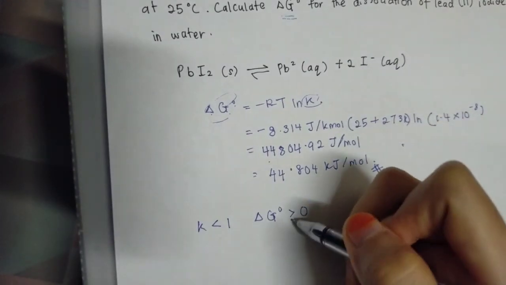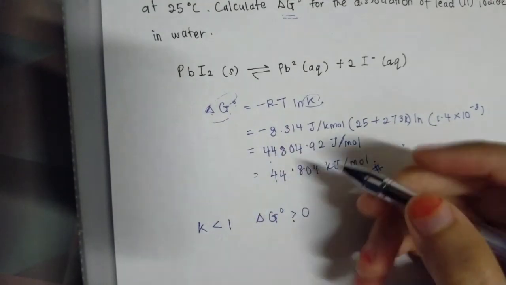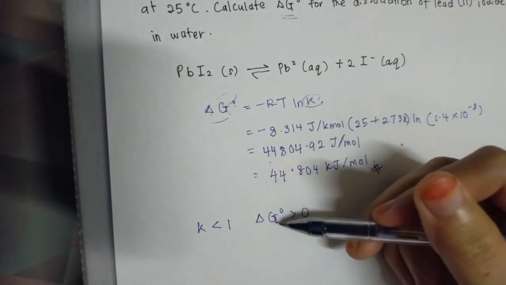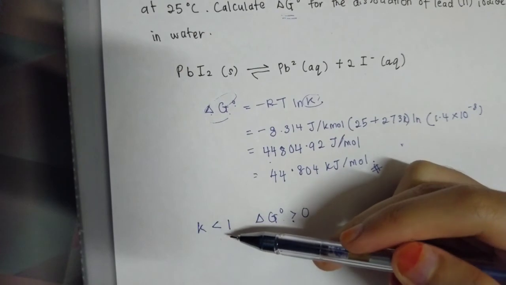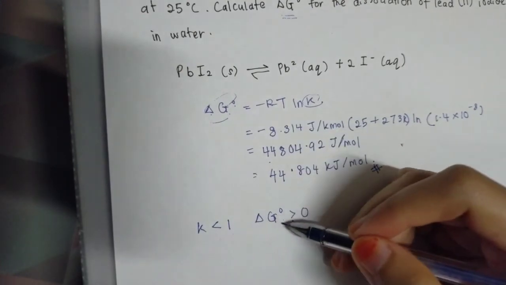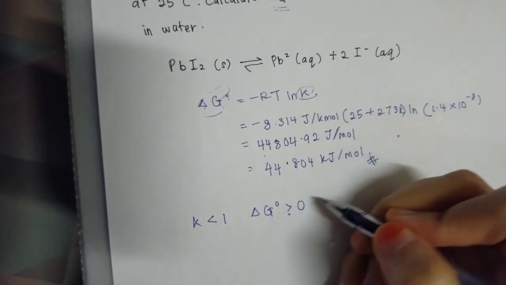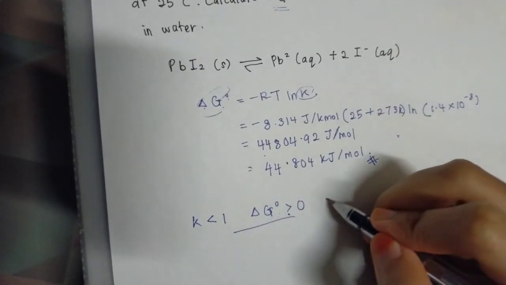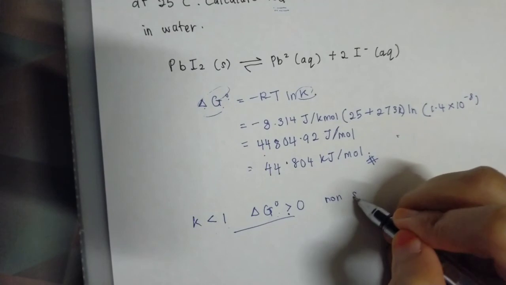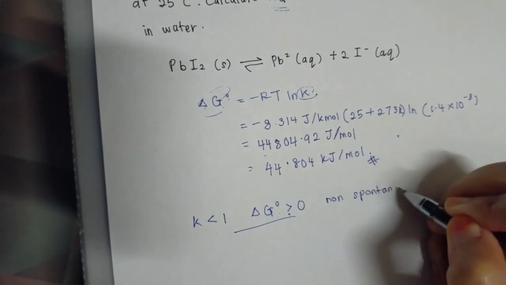When K is small, the delta G naught will be a large value. So for this situation, we can call the reaction a non-spontaneous reaction.